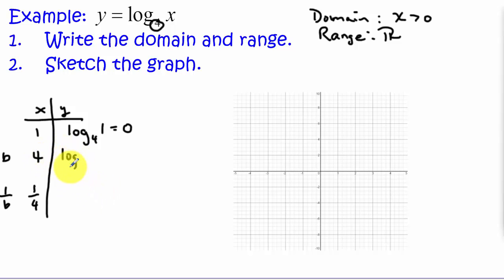The log base 4 of 4, remember our skill in the second exit ticket was to write this into exponential form.